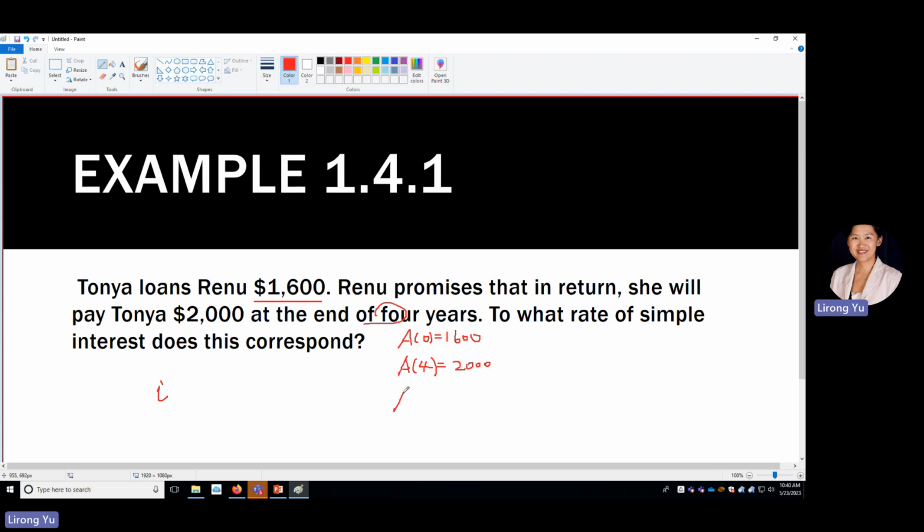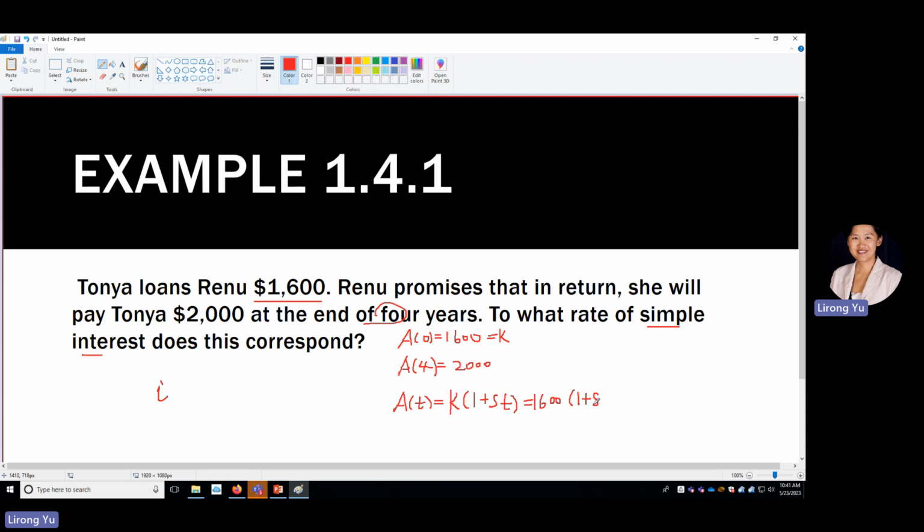And then remember previously we have that if it's simple interest, then the amount function looks like k times (1 plus st). Assuming that this is our k, because that was the initial value, we'll have 1,600 times (1 plus s times t).